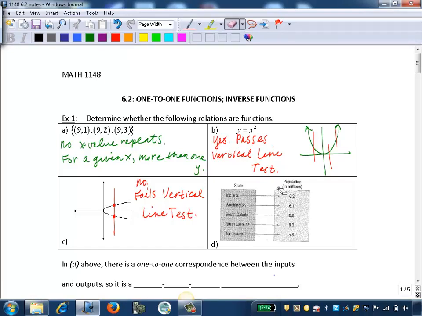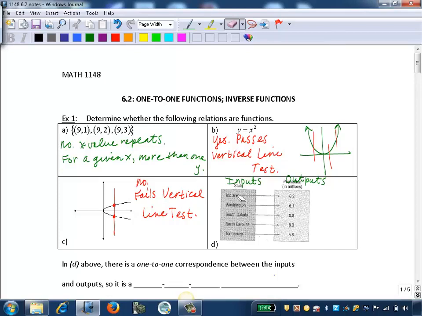Part D, this relation is given in the form of a mapping. So remember, with a mapping, you have your inputs on the left, and then your arrows going to the corresponding outputs on the right. So typically we represent inputs with x and outputs with y. So if we look at our inputs, these are states and the outputs are populations.